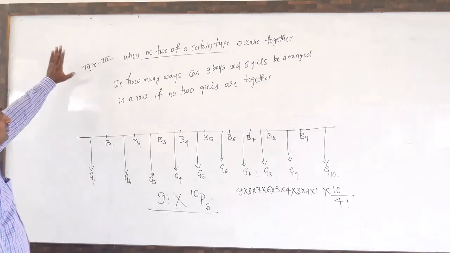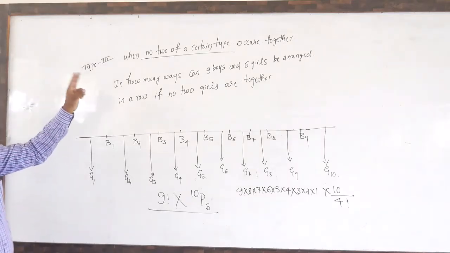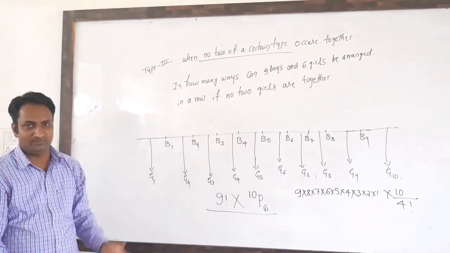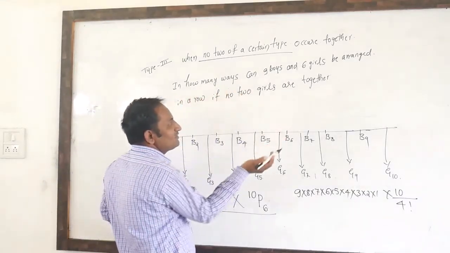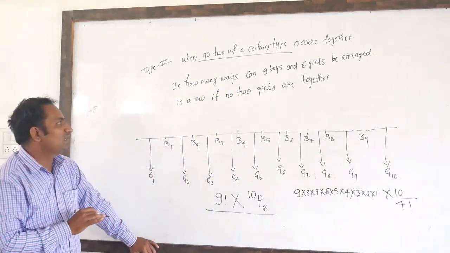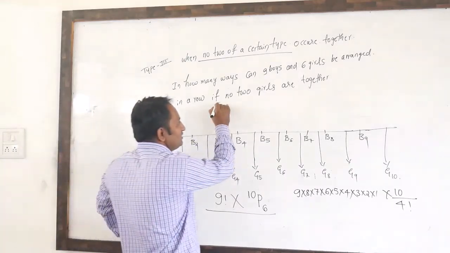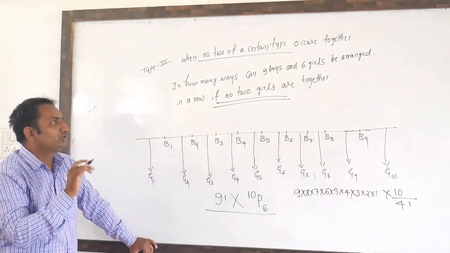Here this is a very important type. When no two of a certain type occur together, in this way: in how many ways can 9 boys and 6 girls be arranged in a row if no two girls are together?